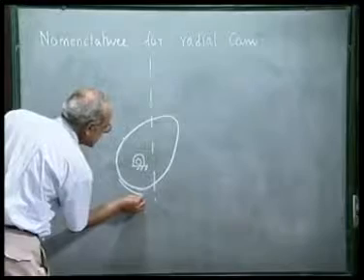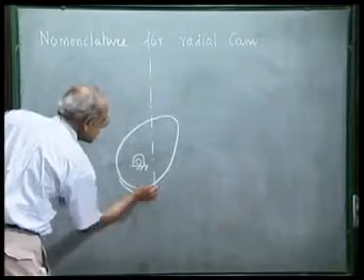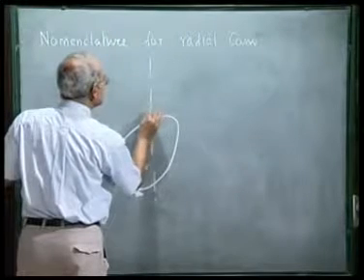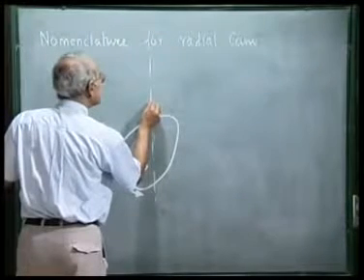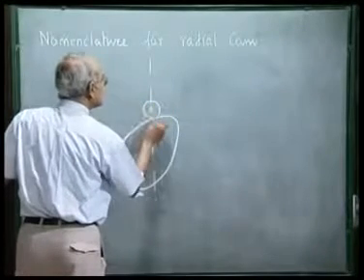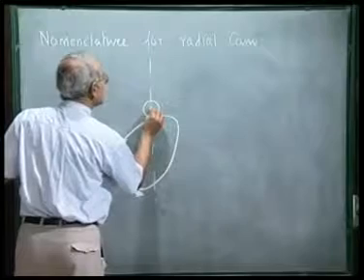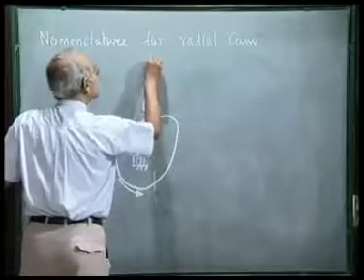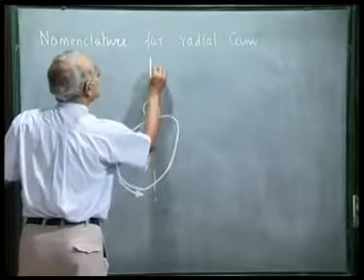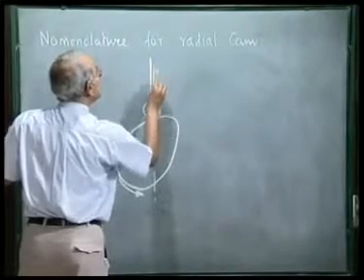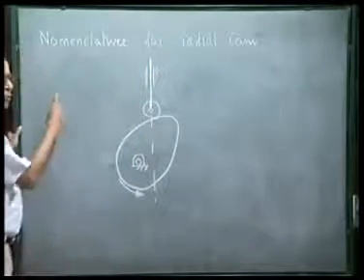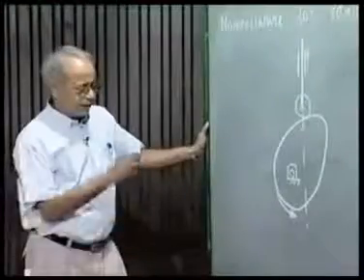We assume that the cam is rotating in the counterclockwise direction. This is the roller center. This is the roller. This is the follower. This is the guide for the follower to move in the vertical direction. That is a prismatic pair.